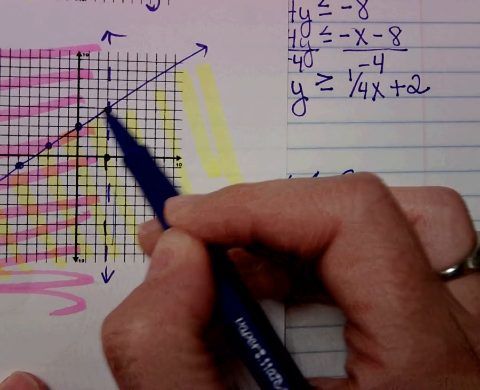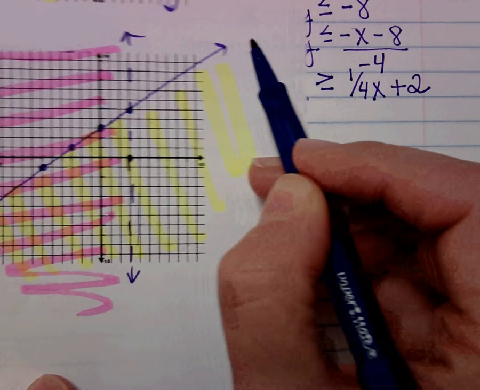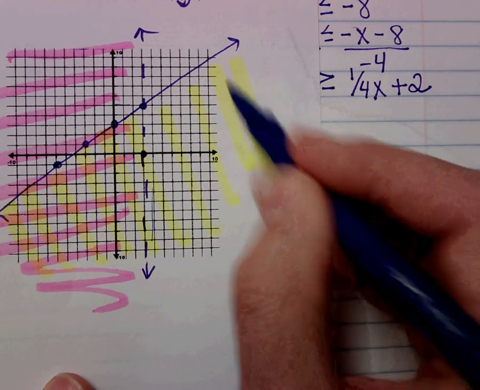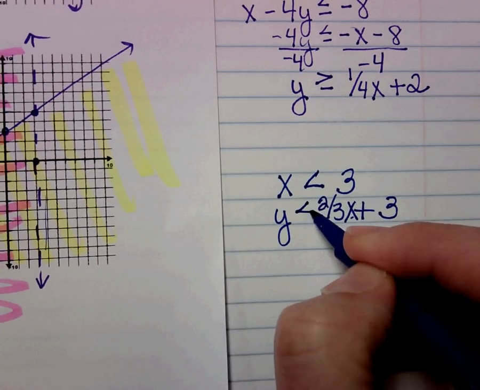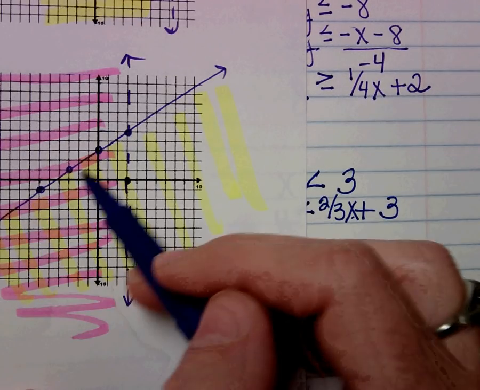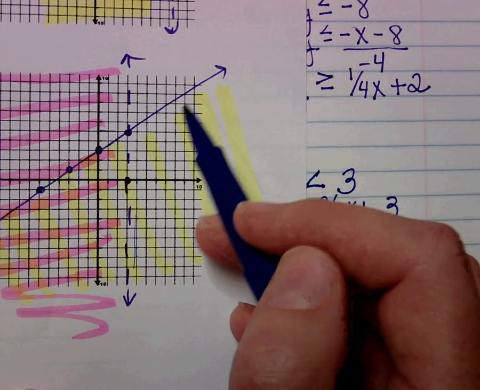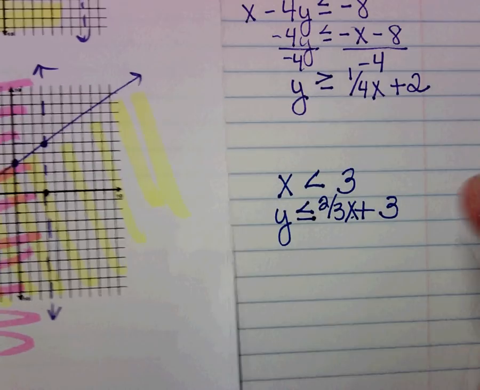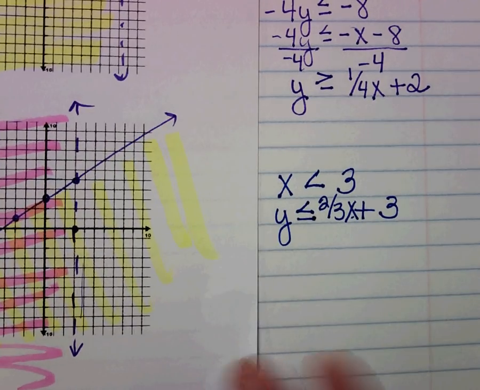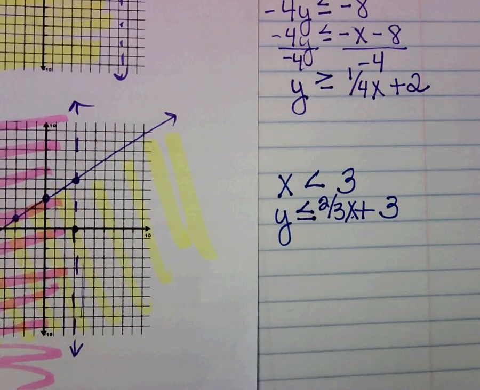Where is the shading according to the diagonal line? You'll see that it's down below it, so it's less than. Then do we do an equal to? The answer is yes, because it's a solid line. So very similar to what we've already done, we just have multiple inequalities that we have to include.